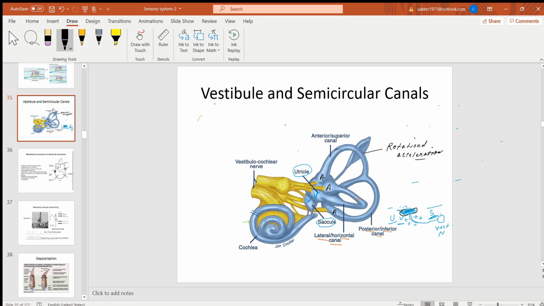Make sense? So now I will show you the inside structures of a semicircular canal. So if I just take this part and see, this is the ampulla, okay, and this is the canal.